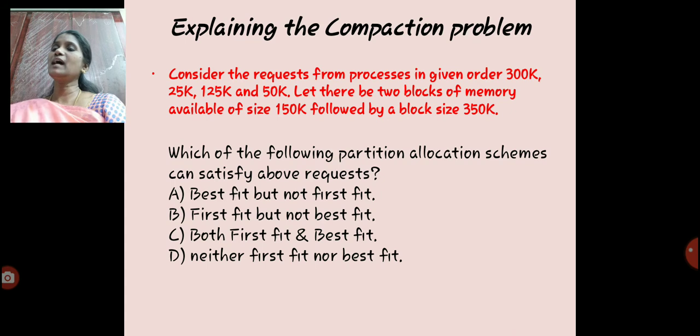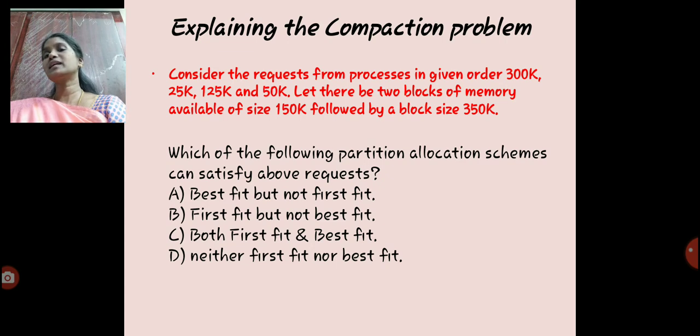Why do we have this partition allocation technique when we already have single contiguous allocation? Because single contiguous allocation wastes many memory locations for a single job. A large portion of unused memory is there in single contiguous allocation. That is why we are coming to the next technique, which is partition allocation.